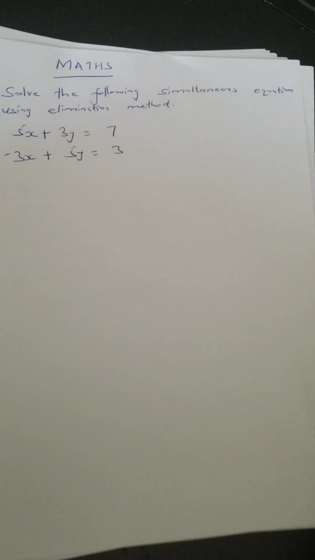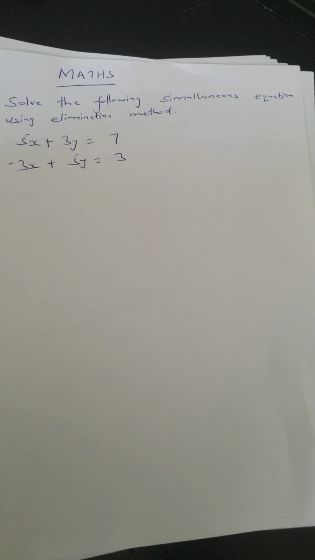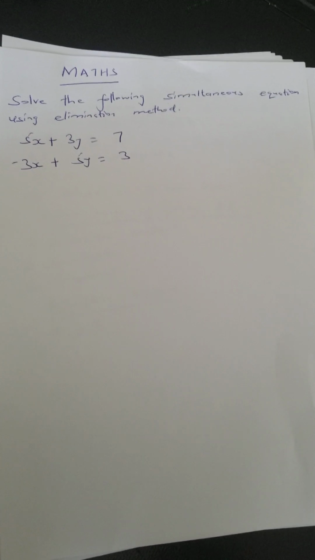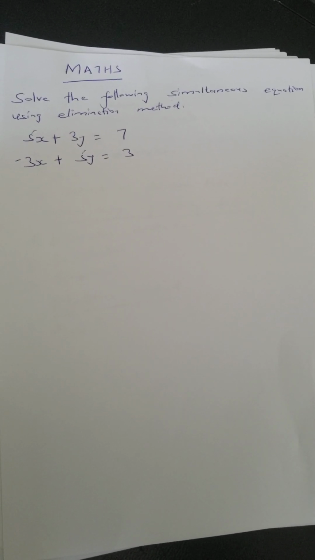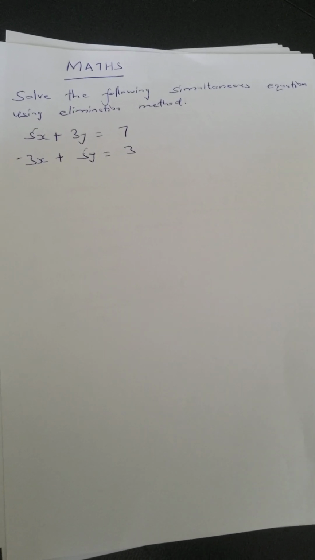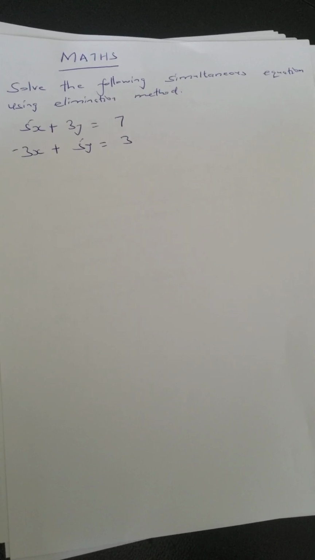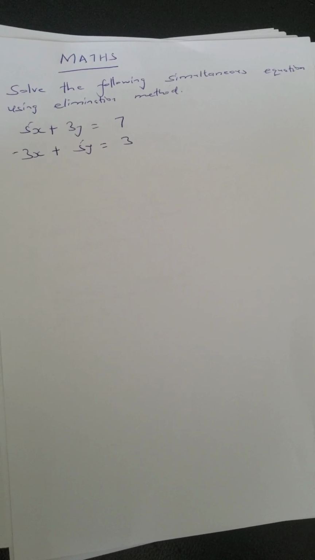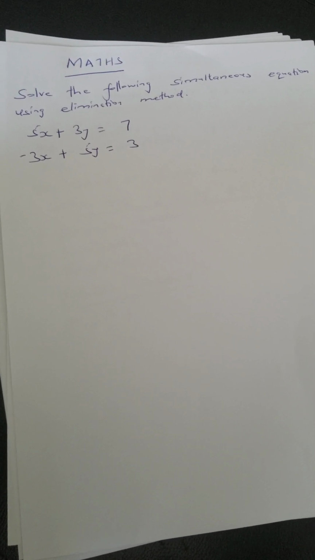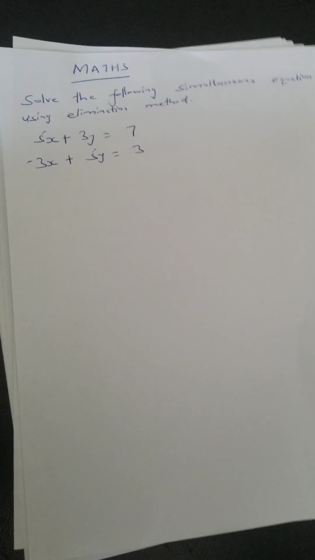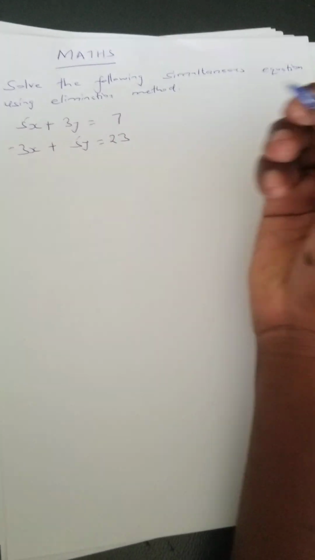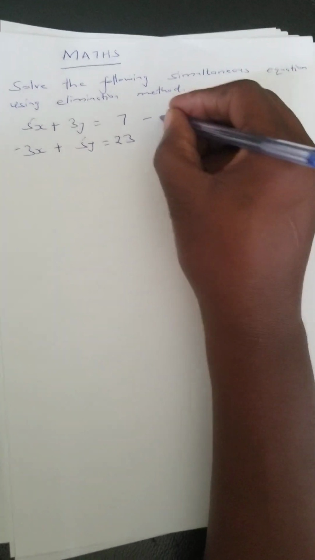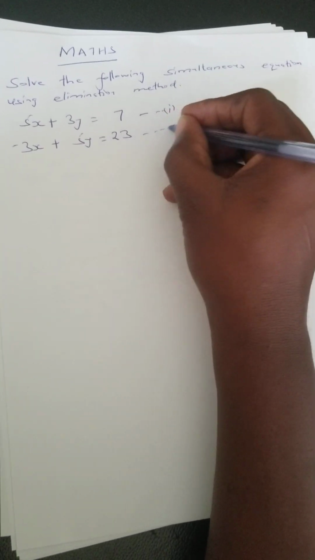In this case, we have been given an arithmetic question to solve, and it says solve the following simultaneous equations using the elimination method. We have 5x plus 3y is equal to 7, and negative 3x plus 5y is equal to 23. This is equation 1, and this is equation 2.